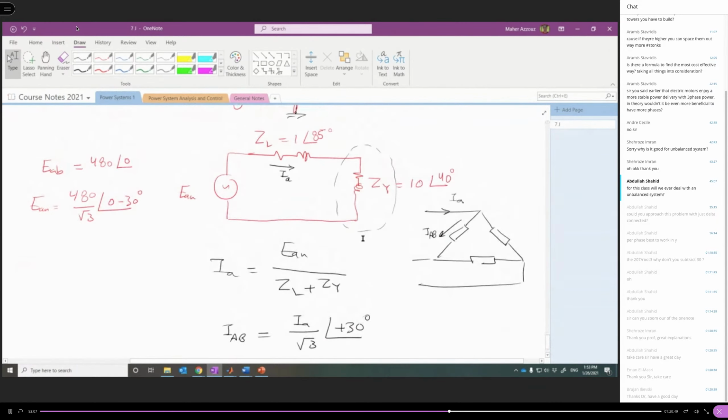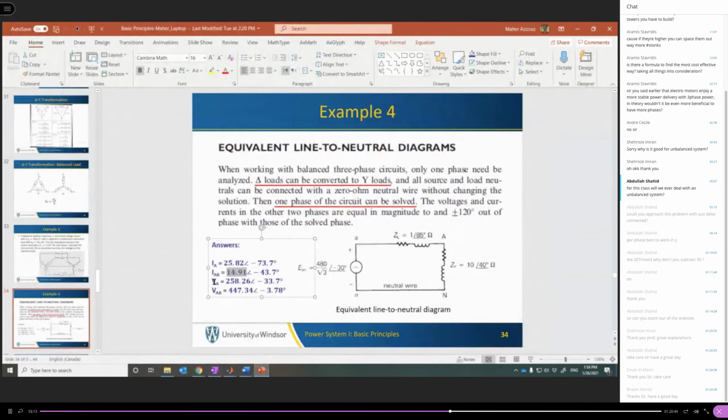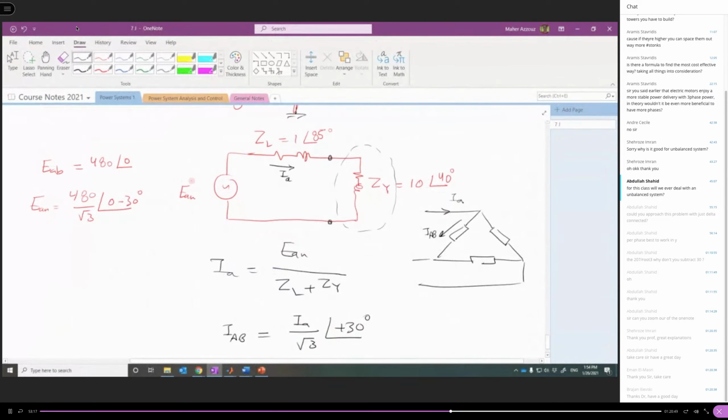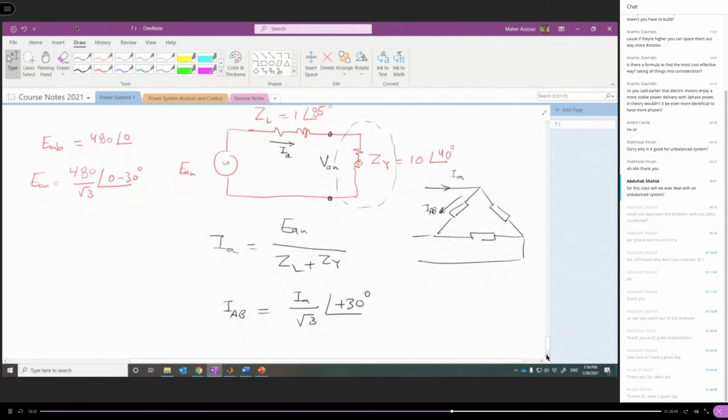And then we need also to calculate the voltage across the load. So the supply voltage is EAN. The voltage across the load is VAN. Okay. So to get this voltage, you apply Kirchhoff voltage law on this simple circuit.